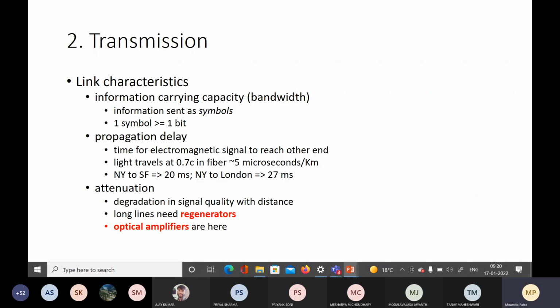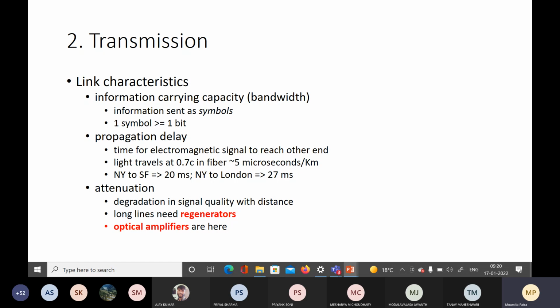Now, whatever transmission medium you are using, there will be attenuation, right? If you're using optical fiber, of course, there will be minimal attenuation. But where will the attenuation happen? With distance, the signal quality reduces. That is the issue when you are trying to send the signal over a large distance.